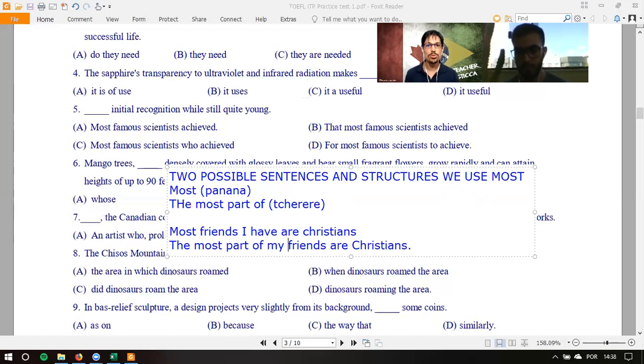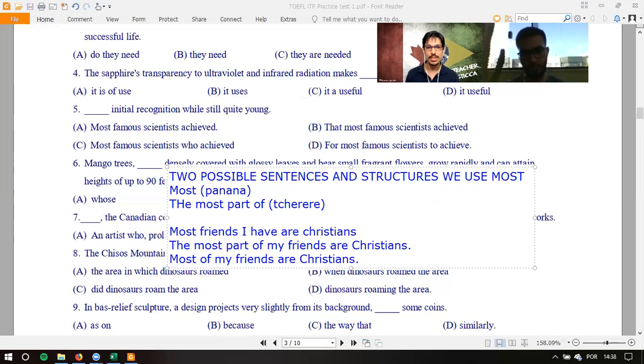So what's one of the things they use? They try changing these structures a little. Most friends I have are Christians. Most part of my friends are Christians. You can also say most of, but then you have to change the structure: most of my friends are Christians.